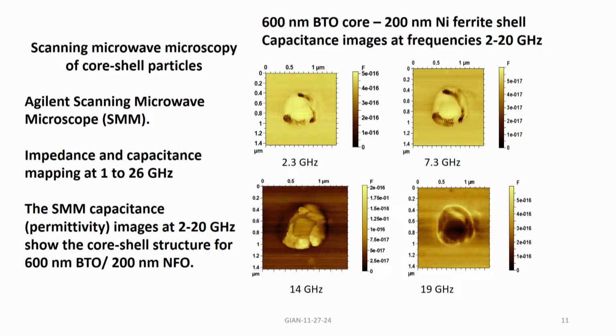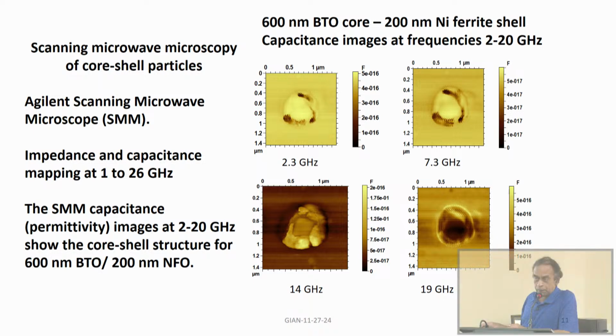And these are scanning microwave microscopy images for the core shell particles, and it's the capacitance image at a series of frequencies: 2.3, 7.3, 14 and 19. As you see here, you see a very clear image of the core and the shell at this frequency, because this is where the impedance match between the particle and the tip of the SMM is a very good match between the two.